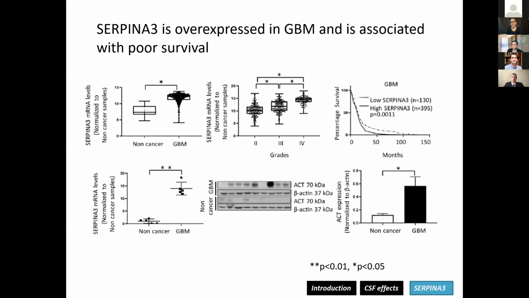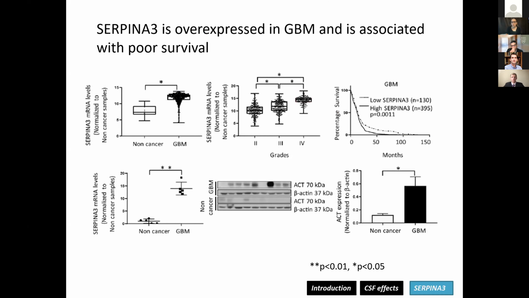As you can see here in the first graph, upper left, the GBM tissue actually had higher mRNA levels than the non-cancer samples. And in the graph in the middle, we saw that the expression of this protein was related with glioma grade. In the upper right graph, you can see that GBMs with higher expression of SERPINA3 exhibit lower survival.